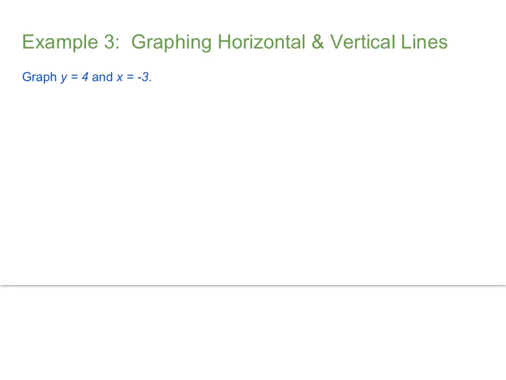Example 3 is very important because I think students have had a hard time with these two. Graphing a horizontal line. A horizontal line occurs when y equals a constant, or a number.